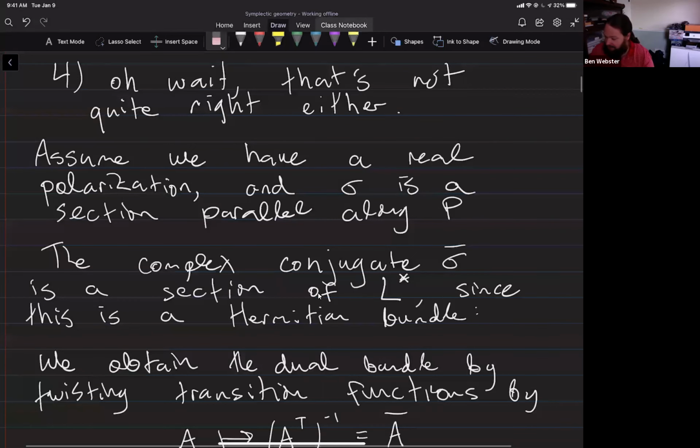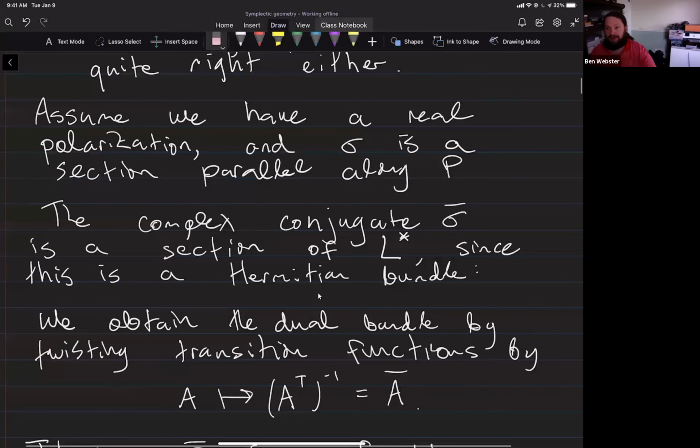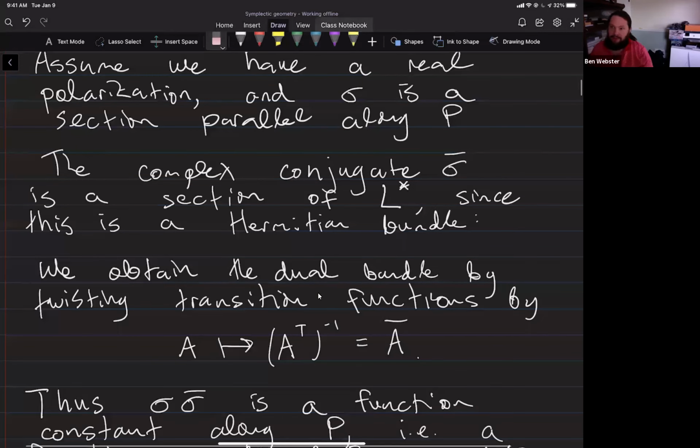And if you think about the fact that our bundle is Hermitian, taking complex conjugate is the same as taking inverse transpose for unitary complex numbers. The transpose is kind of gratuitous here because I'm talking about a line bundle. I'm saying for a unit complex number, complex conjugate and inverse are the same thing. So we obtain the dual bundle.